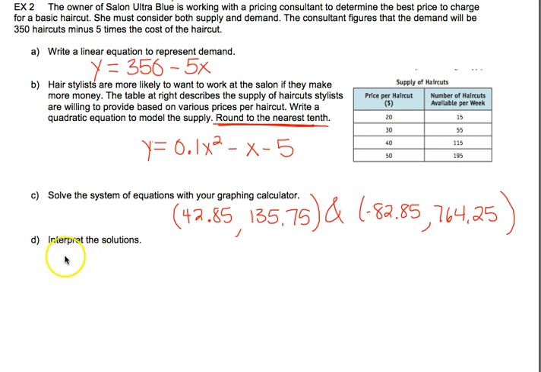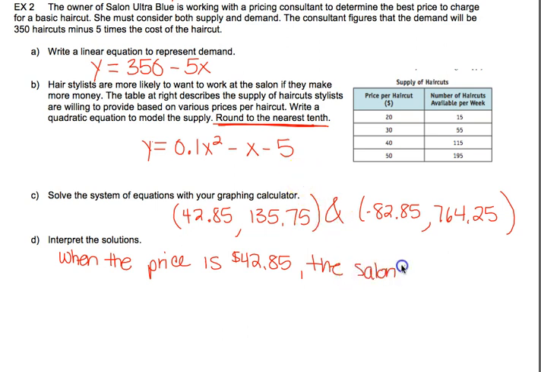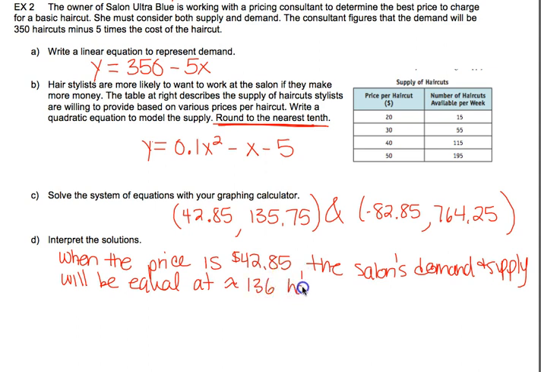So our first interpretation is when the price is 42.85, the salon's demand and supply will be equal at about 136 haircuts.